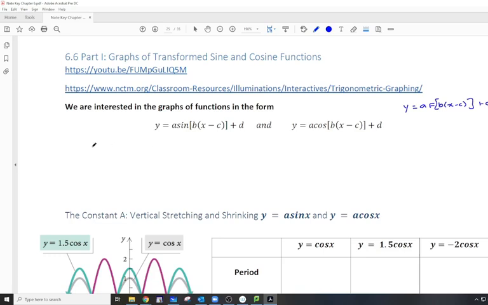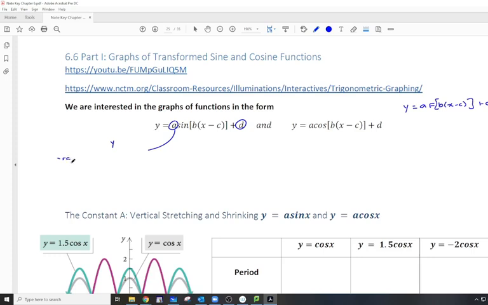So see if you can pull from the recesses of your brain. We've done tons of transformations throughout most of the chapters in this semester. What can the A do? What sort of transformations is A responsible for? Well, the first thing I want you to know is it's a transformation on y. So what's the other transformation on y? That would be D. And A can do two things.